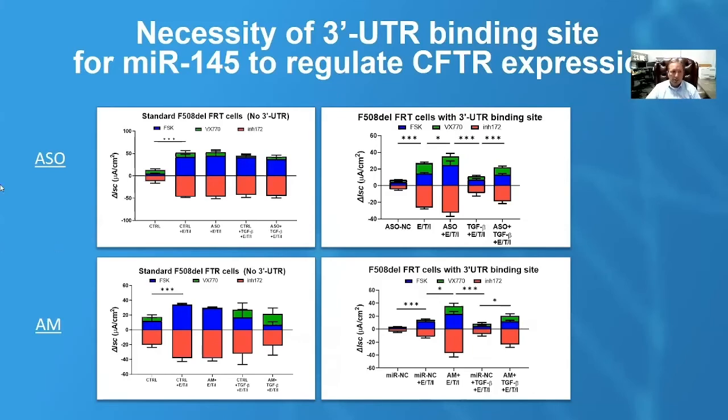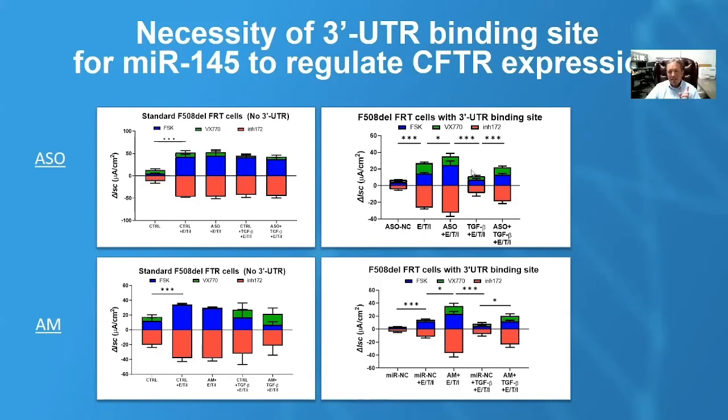Those are the panels to the left, so it's ASO and the antagonist. What we can see is that in the FRT cells that lack 3' UTR, we see the modulator increase the CFTR activity, but the ASO or TGF-beta or ASO plus TGF-beta has no activity, indicating that's the site of action. A 3' UTR binding site is necessary for miR-145 regulation of CFTR.